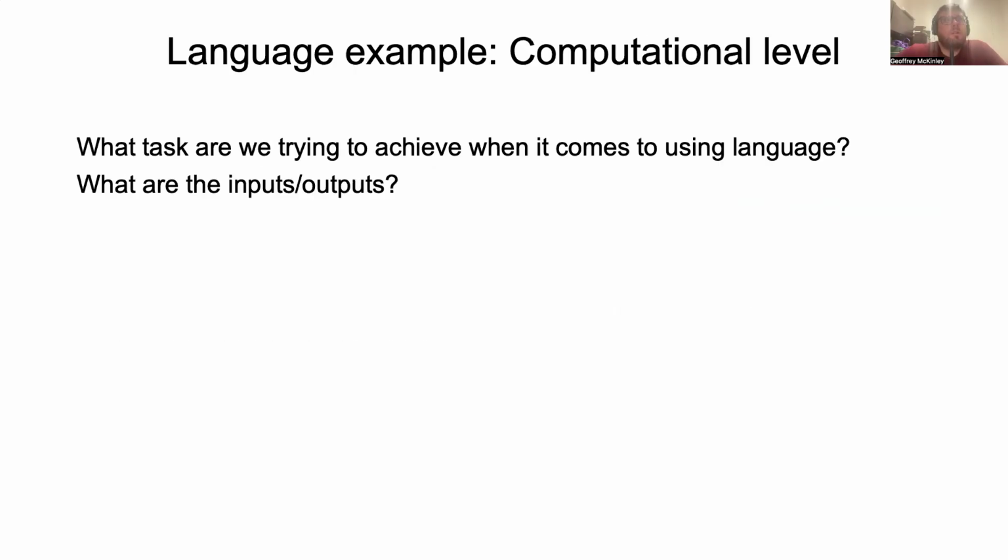And so, what are we trying to achieve when it comes to using a language? What are the inputs and outputs? Applying the computational level to language comprehension as well as production in a conversation, we can ask, what are the inputs and outputs? So when trying to comprehend speech, the input might be what we call phonemes, which are basically just sounds.